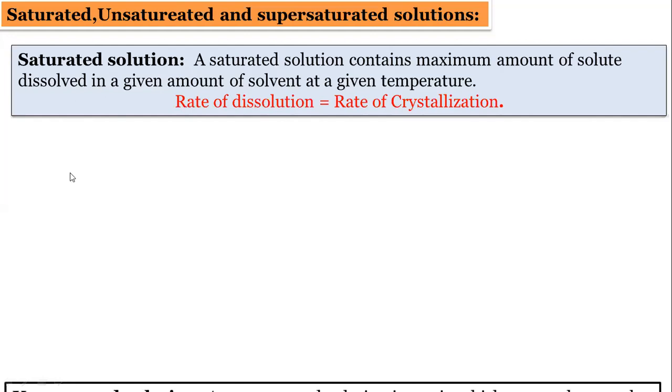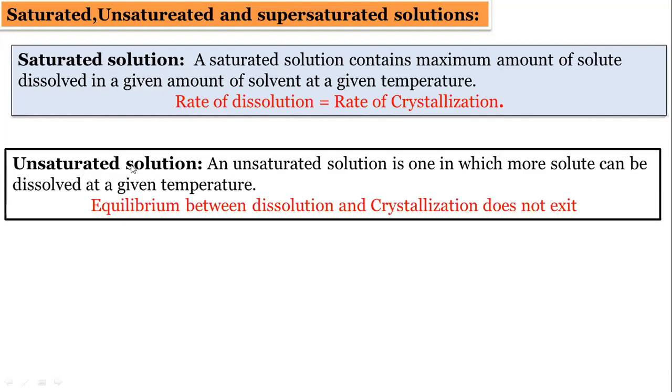Then I am coming to the unsaturated solution. An unsaturated solution is exactly opposite to the saturated solution. An unsaturated solution is one in which more solute can be dissolved at a given temperature.